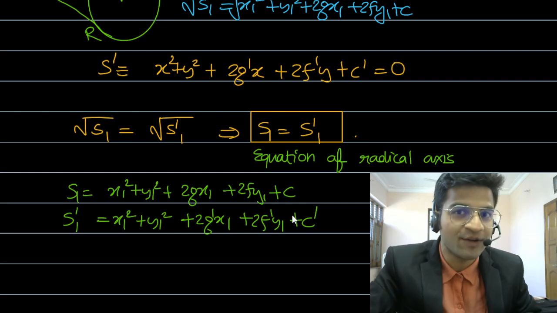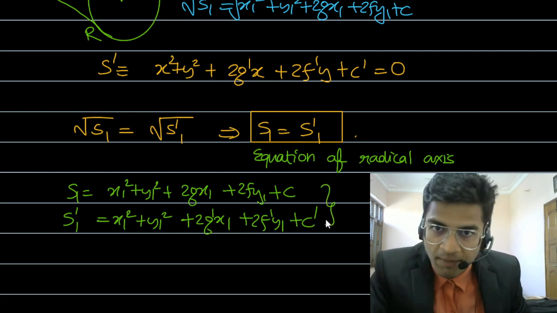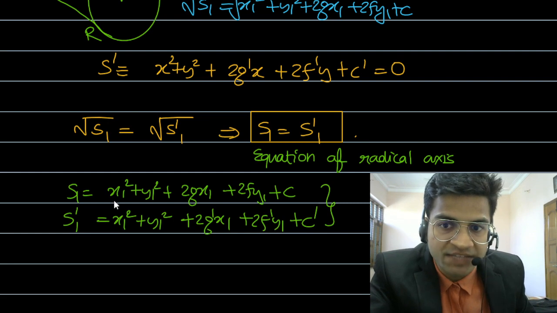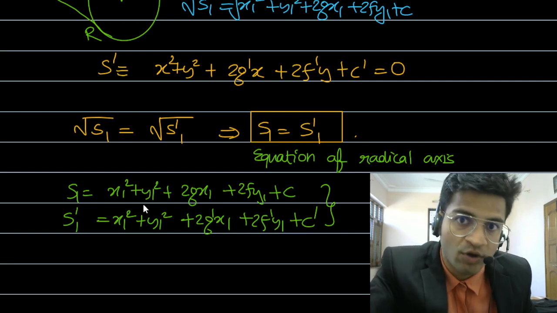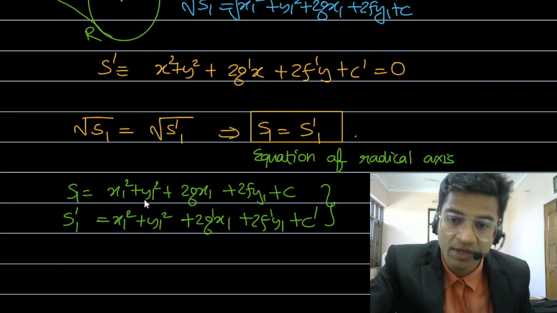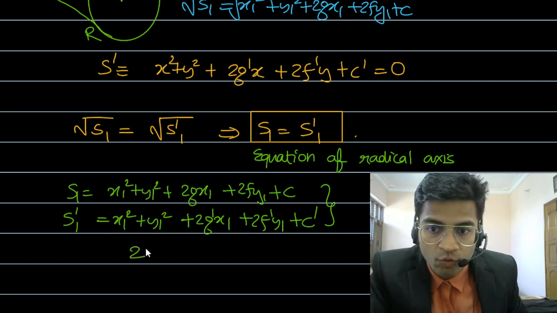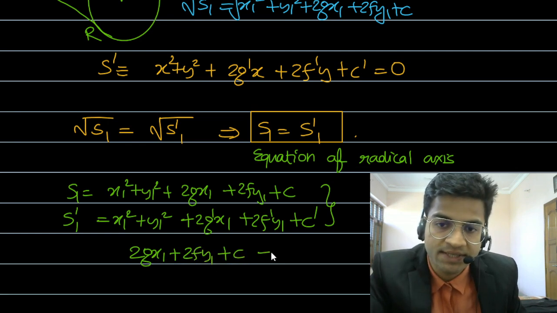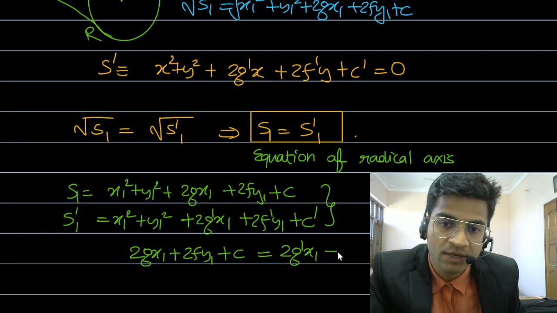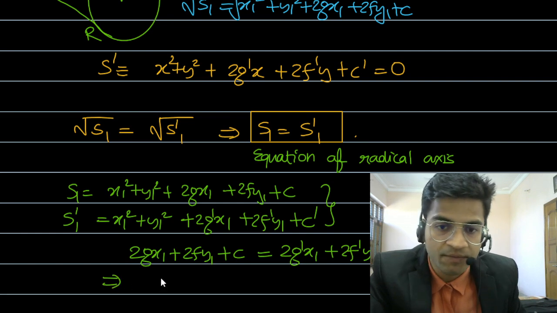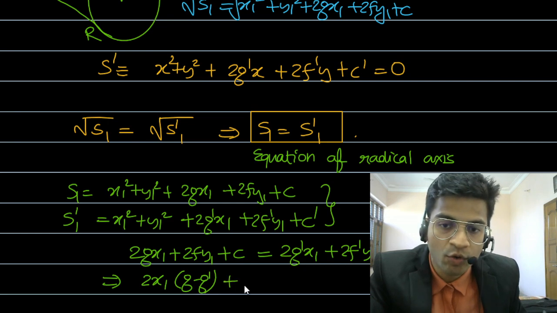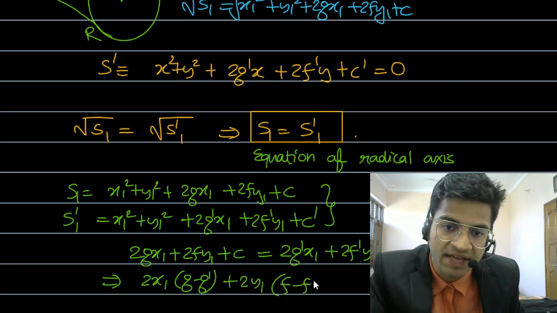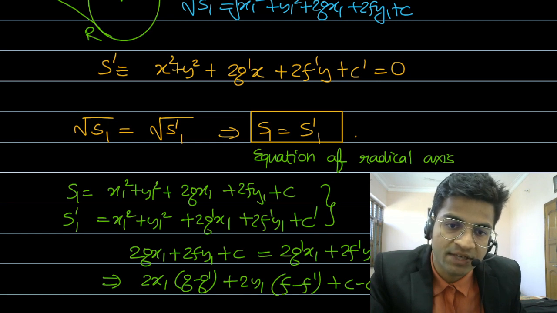Now if they both are equal, equate them up, and the terms x1 square and y1 square will get eliminated from both LHS and RHS. So finally we will have 2gx1 plus 2fy1 plus c is equal to 2g dash x1 plus 2f dash y1 plus c dash, and from this we have 2x1(g minus g dash) plus 2y1(f minus f dash) plus (c minus c dash) is equal to 0.